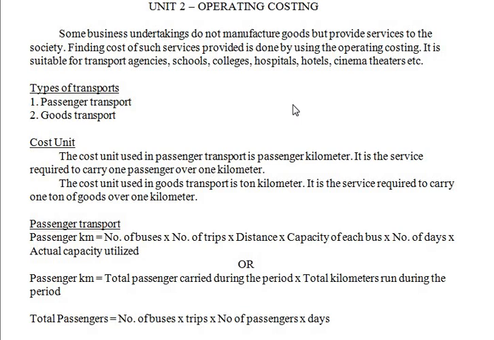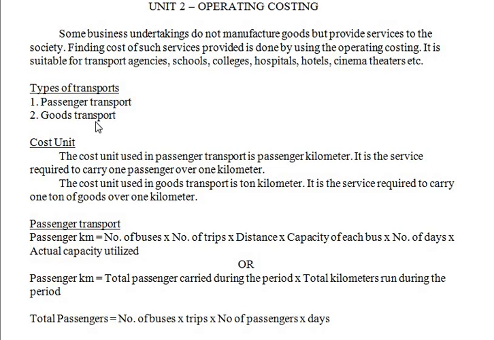In this syllabus you are going to learn about passenger kilometer, that is passenger transport as well as goods transport. So only transport agencies you are going to learn in this unit.